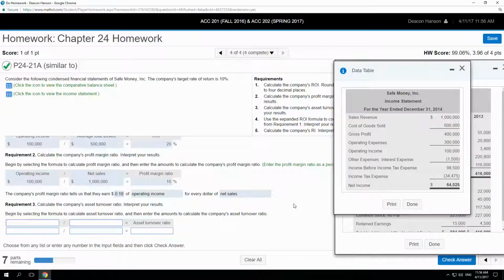All right. Then it says, calculate the company's asset turnover ratio, interpret your results. So with the asset turnover, we're going to take net sales and divide by average total assets. Okay, so we have a couple of those figures already.